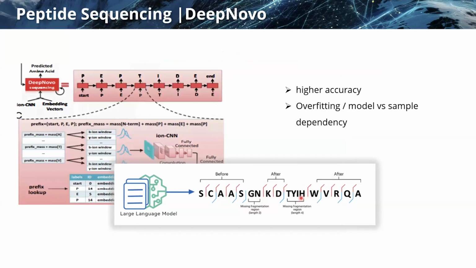And then to conclude this part, basically DeepNovo is expected to result in a higher accuracy sequencing. However, please be cautious because the results will depend on the sample to model agreement.